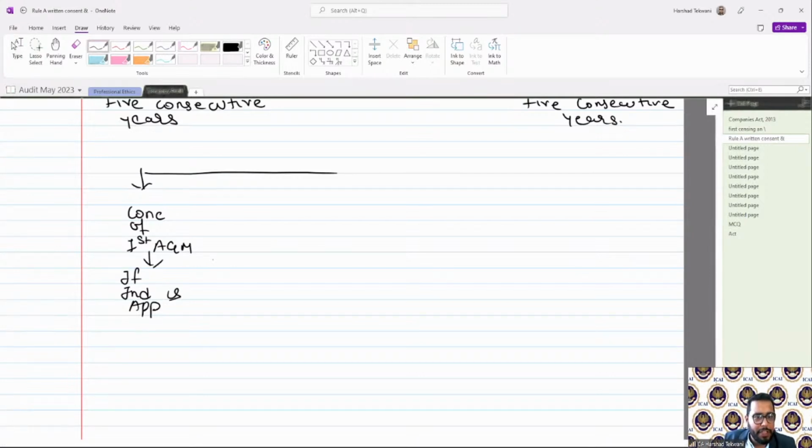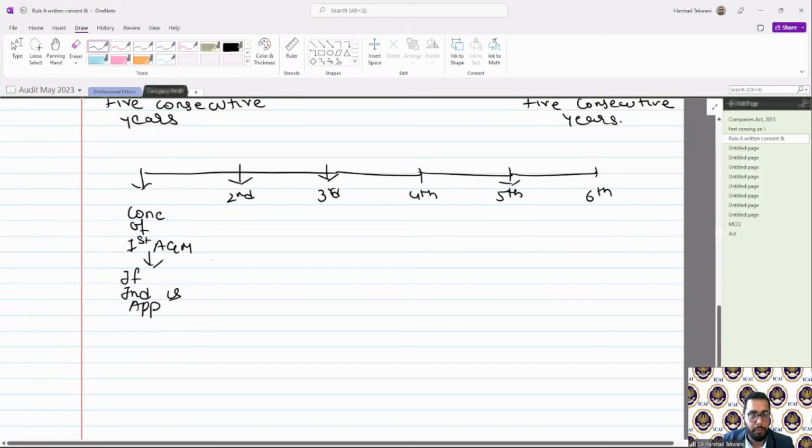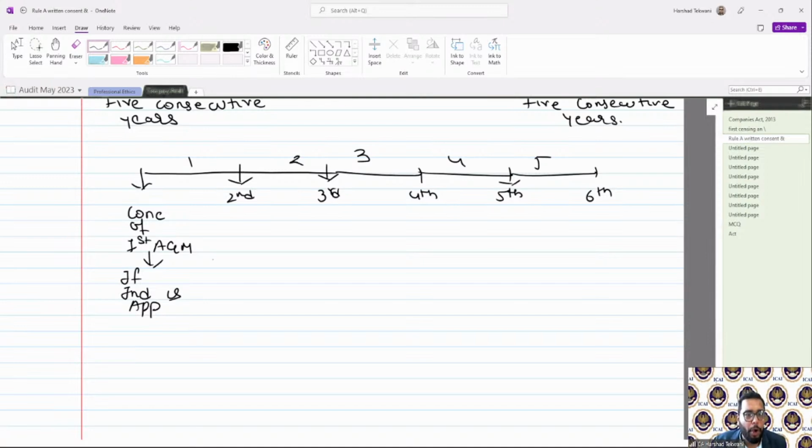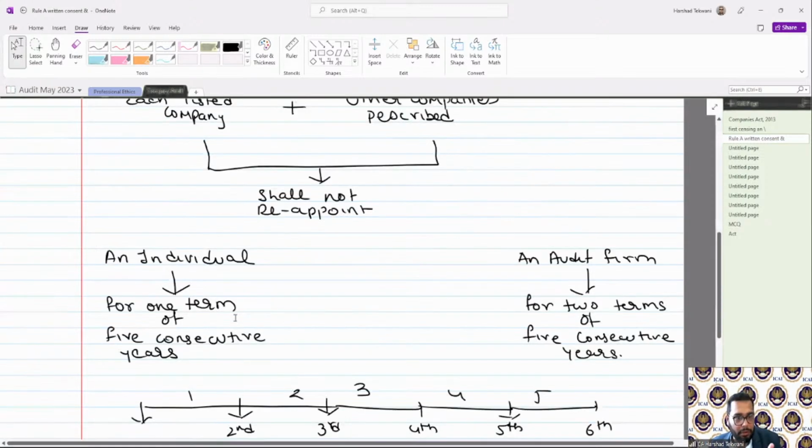This is the conclusion of the first AGM, this will be the second, third, fourth, fifth, sixth. Now these are the 5 years. From the first AGM to the conclusion of the sixth AGM, fine. For the 5 consecutive years, fine. But he shall not be reappointed after one term of 5 consecutive years.